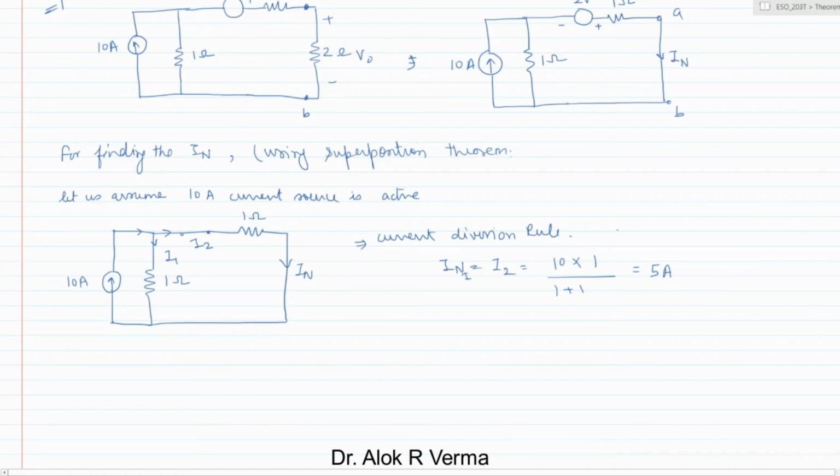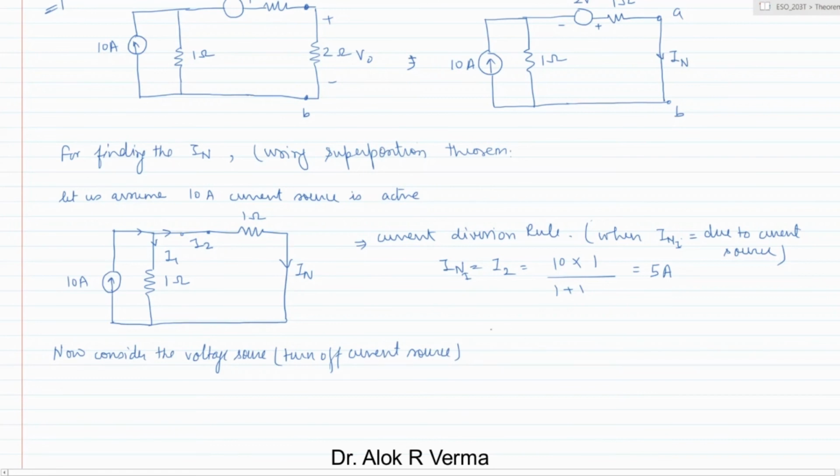So IN is 5 ampere due to only the current source. Now consider the voltage source and turn off the current source. In this case, the equivalent circuit will look like this: the branch which carries the current source will be open circuited.